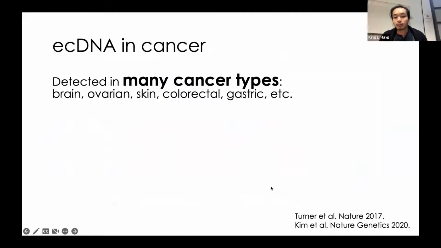In more recent work, people have also found that ecDNA is very common in cancer. Using whole genome sequencing data of tumor samples, like The Cancer Genome Atlas, people were able to detect ecDNAs in many different cancer types, including brain, ovarian, skin, colorectal cancers, and so on.